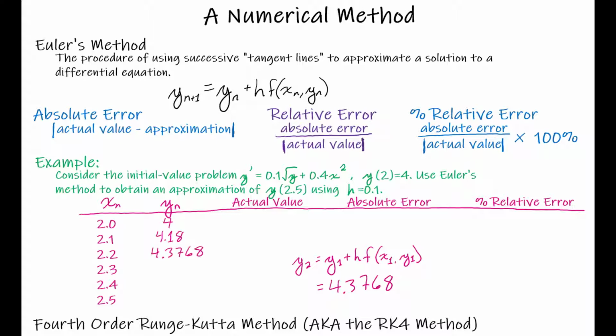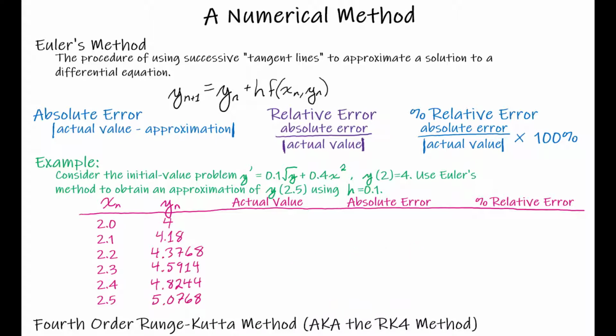Now that I've done that, I'm ready to find y3. Similarly, it'll be the same process, just using x2 and y2 instead of x1 and y1. I'm going to go on now and fill in the rest of those y values for us to work with. So there I have all of my approximations of y values using Euler's method.